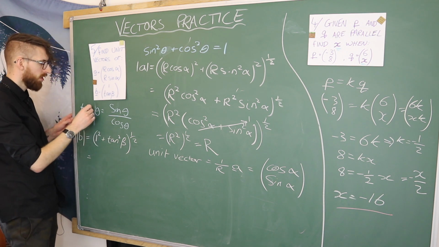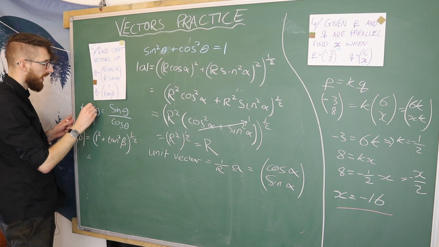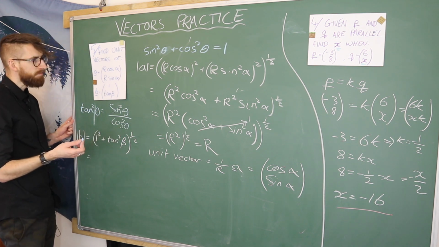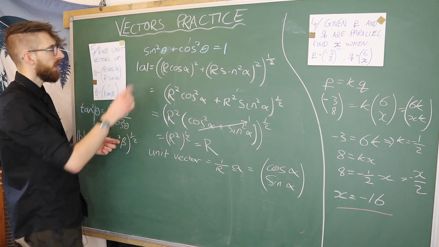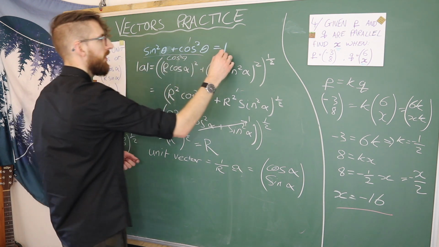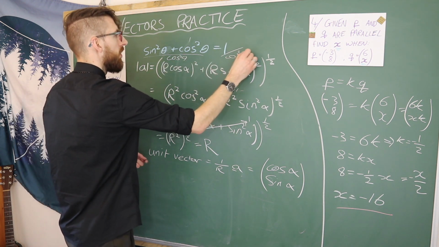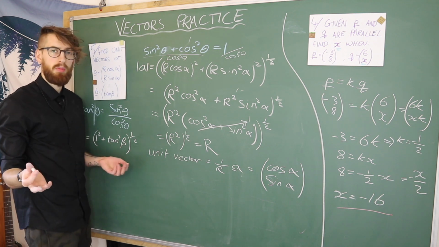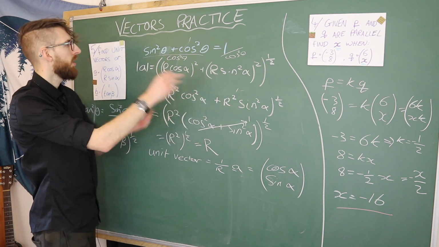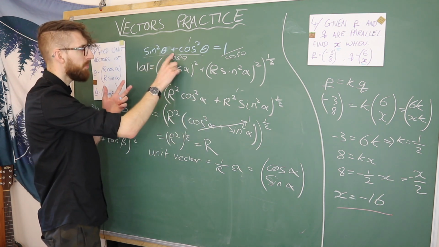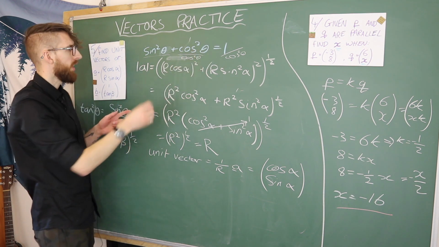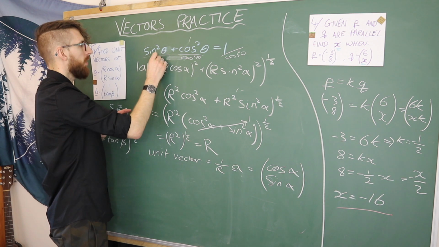Because if this is true, we could just square that and square everything on the right hand side, and that's still true. So what we could do here is divide all of that by cosine squared theta, and then that by cosine squared theta. That's okay to do because we've done the same thing on the left of the equation and the same thing on the right of the equation. What happens here is this breaks up. You get cos squared alpha there, and a cos squared theta here.